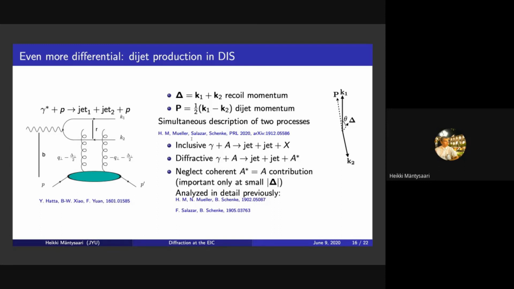We are considering kinematics where the coherent contribution is small, so the nucleus or proton breaks up, but it's still diffractive, so there is a large rapidity gap and no net color charge transfer. The other case, where the nucleus doesn't break up, was analyzed in some previous publications that I don't consider here.